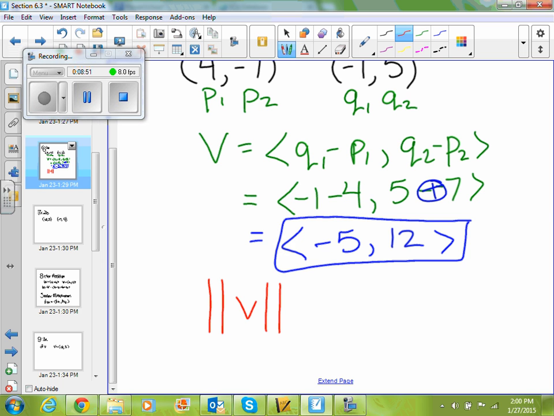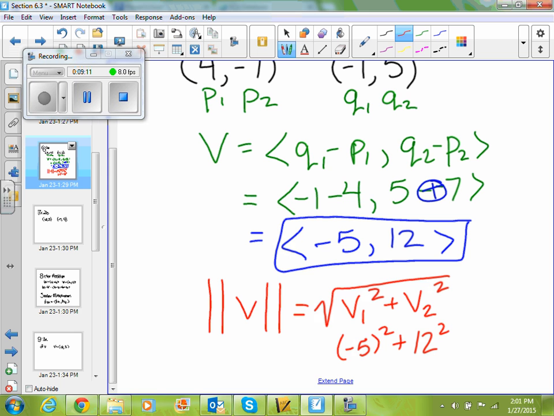To then find my magnitude of my vector, which is represented by double lines on each side, I take the square root of v1 squared plus v2 squared, where my v1 is -5, so -5 squared, plus my v2 is 12, so 12 squared.